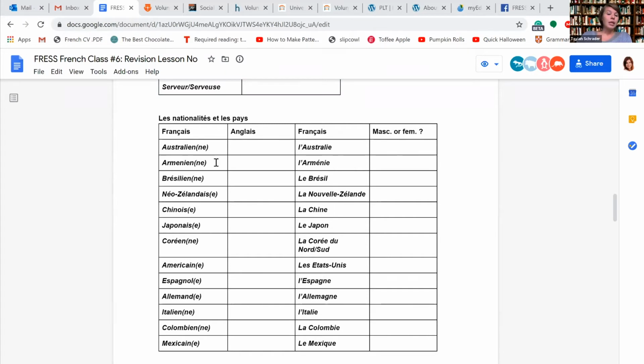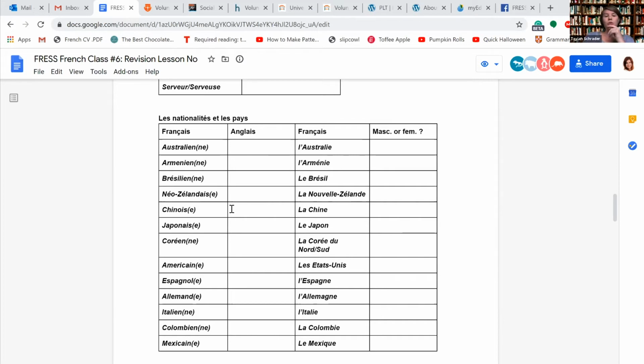As you will see, there are different endings for masculine and feminine. Anything in a bracket indicates the feminine spelling. So Australien, Australienne, Arménien, Arménienne. It's basically a bit more of that N pronunciation at the end. That's the easiest way to describe that pronunciation.